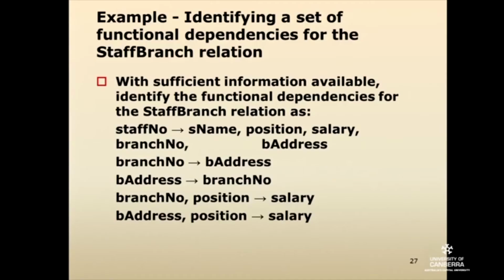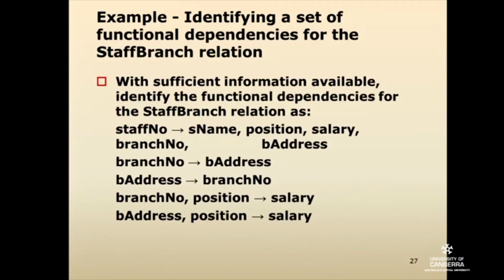If I tell you the branch number, you can find out all the staff that probably work in that branch. Yes, you can, in a sense, because the branch number is unique. But if I tell you the branch number, not only can you find some information about the staff, but you can also find the branch address, because the branch address and the branch number together determine the branch, in a sense.